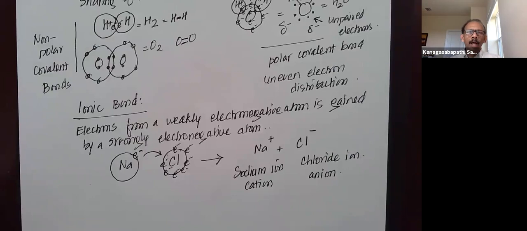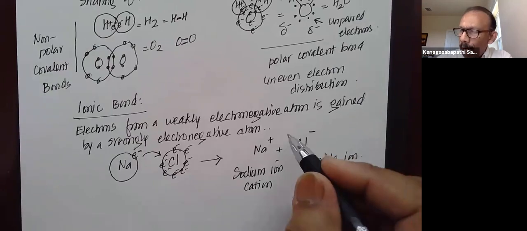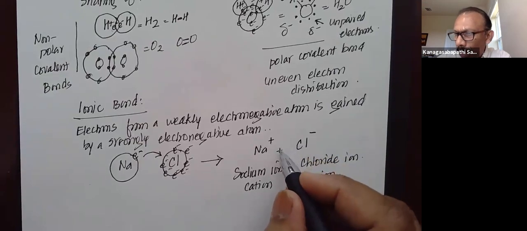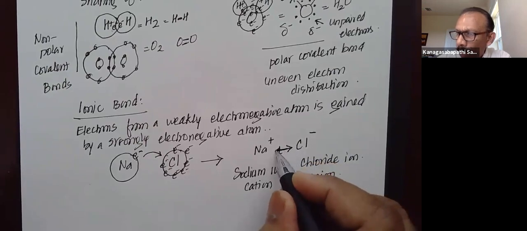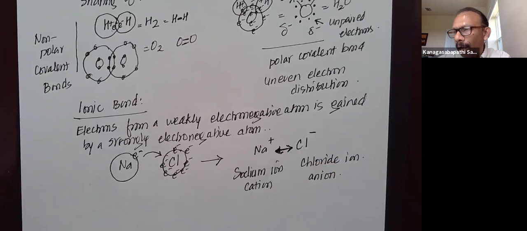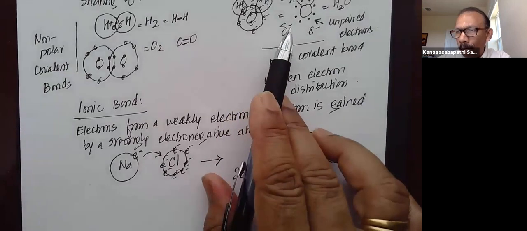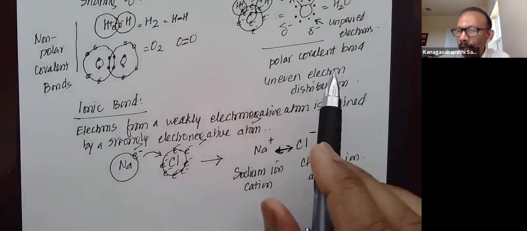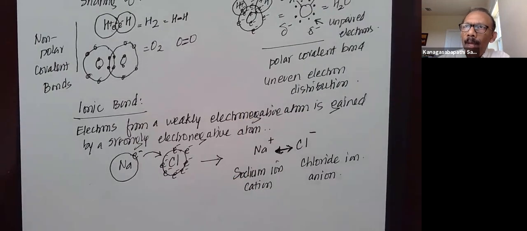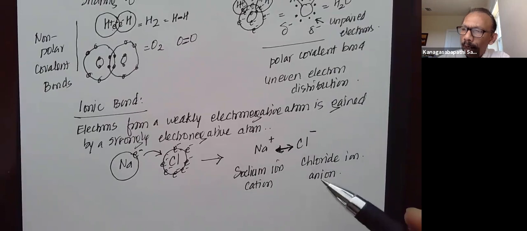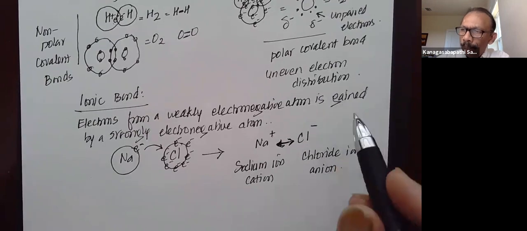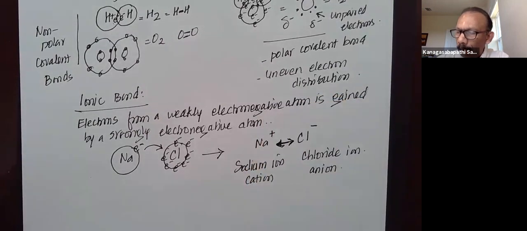That's where the ionic bond is formed. The attraction between these two is what is called an ionic bond. You will see a positive sign and a negative sign. In the polar covalent, you wouldn't notice it. You need to know an uneven distribution of electrons causes this, and also the shape of the molecule causes that.